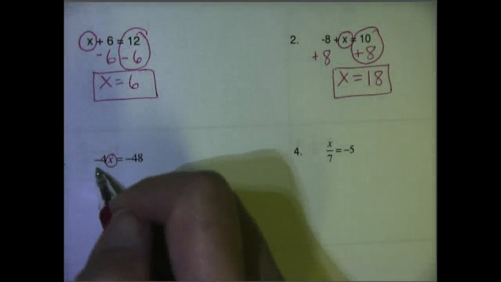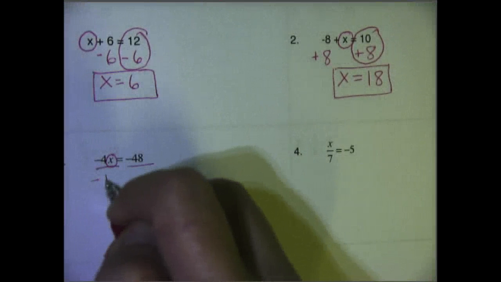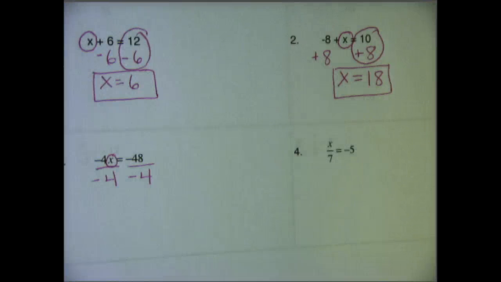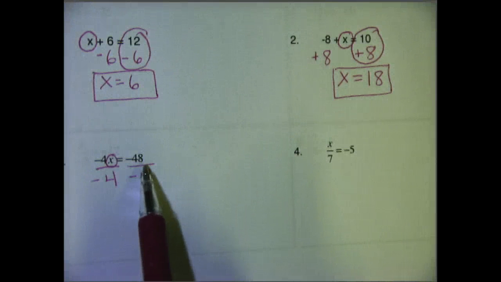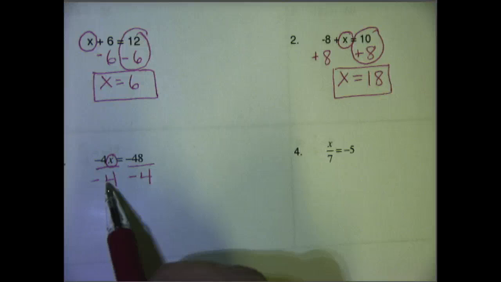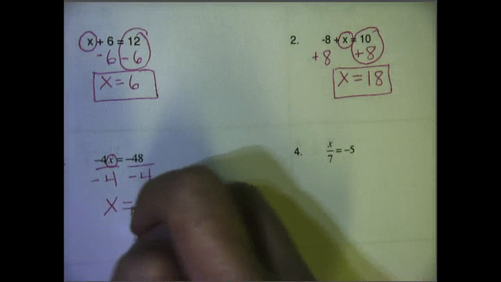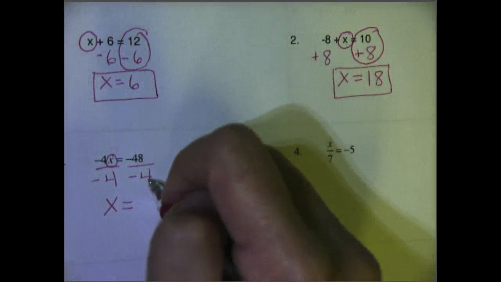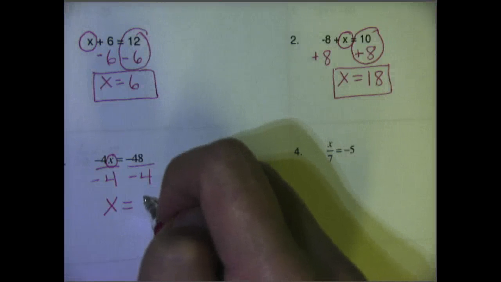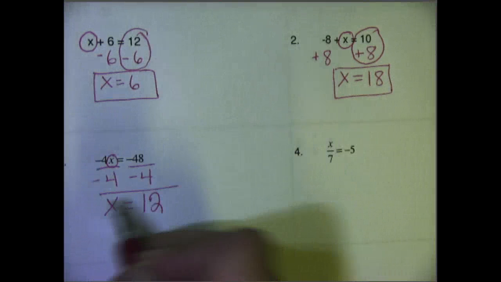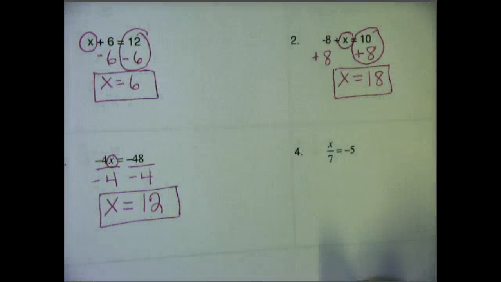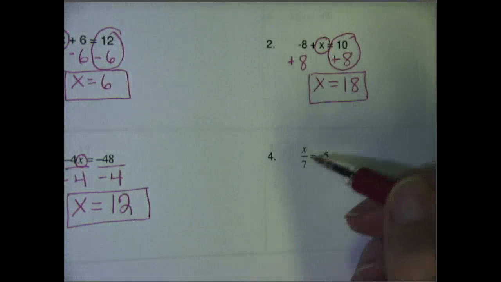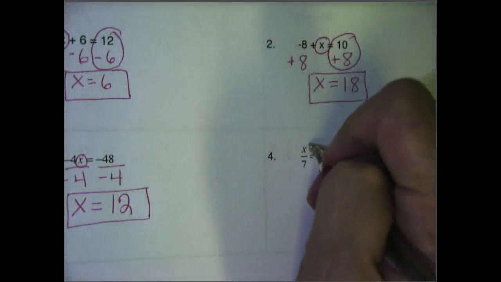Since I'm multiplying, I'm going to do the opposite and divide. Remember not to subtract because this fraction bar means to divide. Negative 4 divided by negative 4 is 1. So I get x equals negative 48 divided by negative 4, which is positive 12. The last example is x divided by 7 equals negative 5.